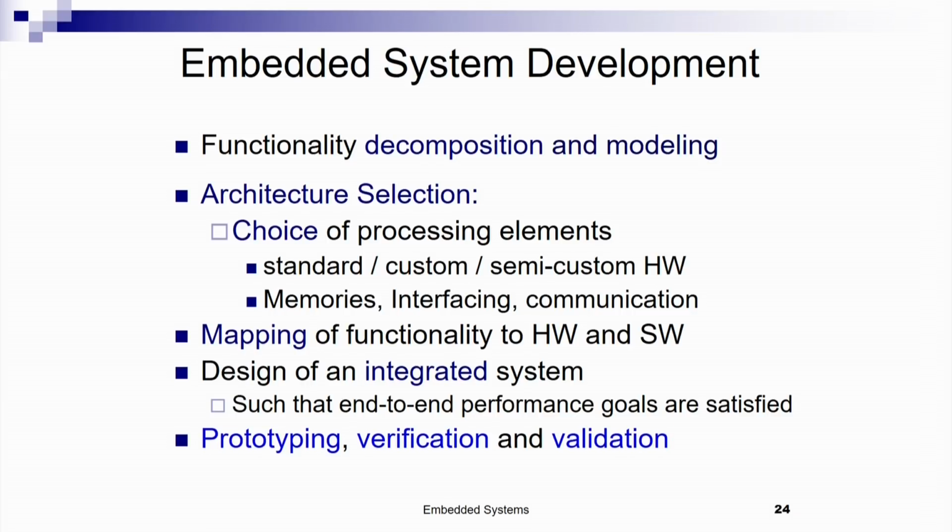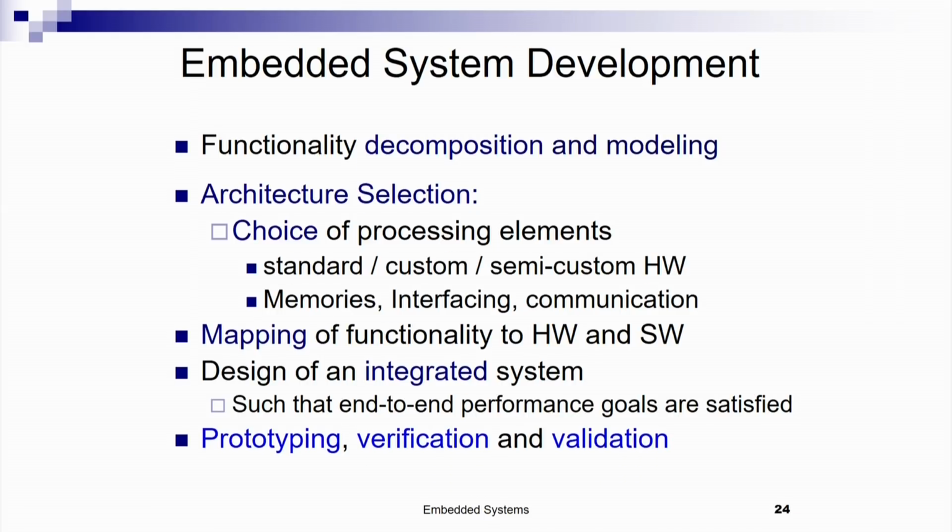After that, we have an architecture selection phase where we choose the processing elements, that means which type of general purpose processor, custom made processor or semi custom made hardware we will use. For example, we can use an FPGA, we can use a dedicated hardware, we can design an ASIC, application specific integrated circuit, or we can use a general purpose processor.